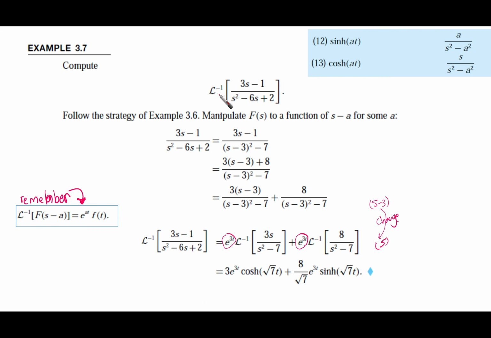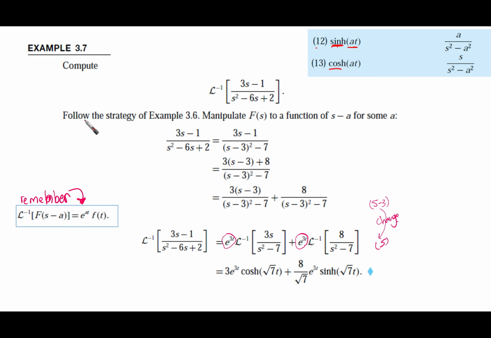Now let's go to the next example, which is: compute the inverse Laplace transform of (3s minus 1) over (s squared minus 6s plus 2). Only take care and remember in the table we are going to use sine at equals a over s squared minus a squared, and cosine at equals s over s squared minus a squared.